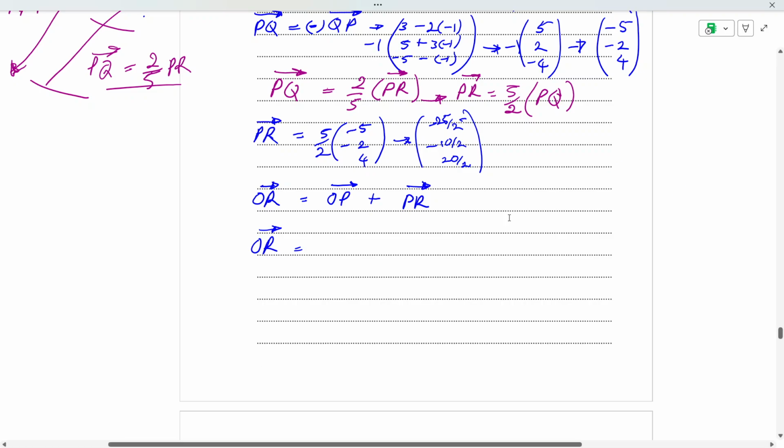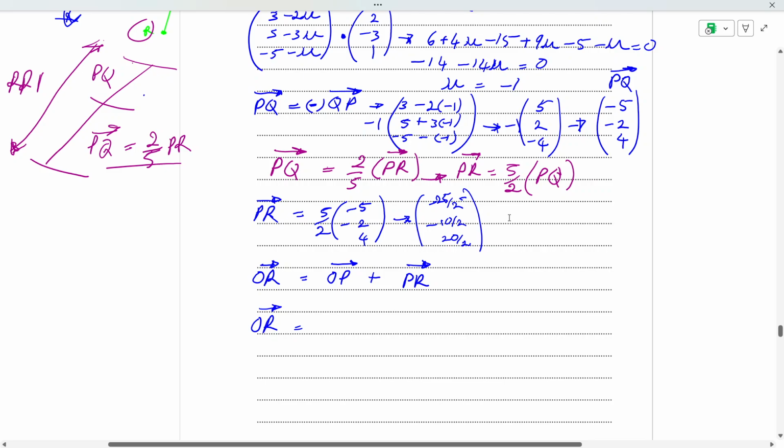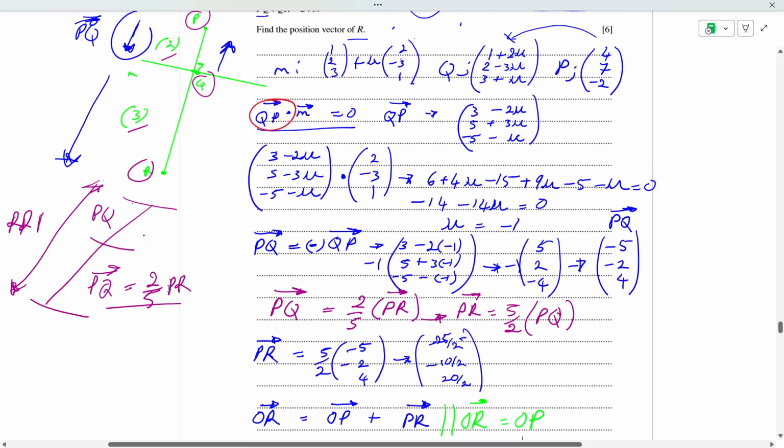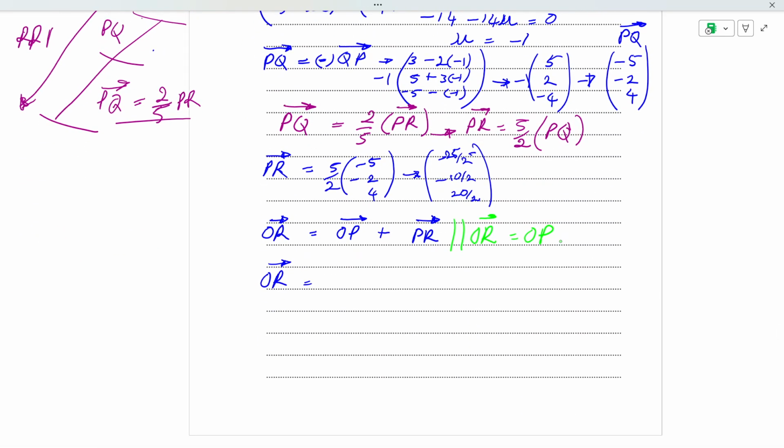In this case, remember, we just did the equation of a line anyway. You could also have written OR is equal to OP, the starting point, and then remember we would have some variable, let's say beta, and then the direction for the line would be PQ.